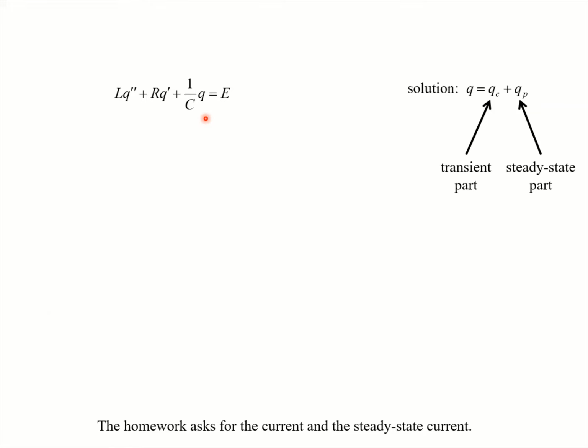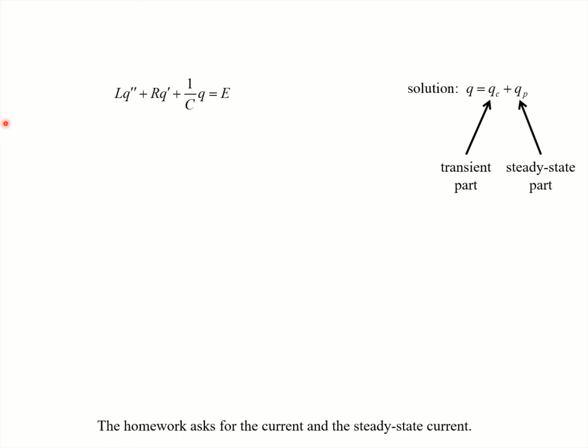Maybe you found the initial conditions and found the C1 and C2, and then got all upset when you looked at the answer and saw that it was a little different. Chances are you have Q, but the homework is asking for current, which is I, or Q prime, so you should take the derivative of your answer.